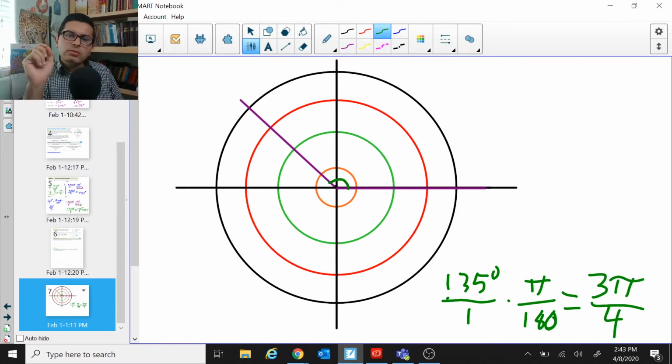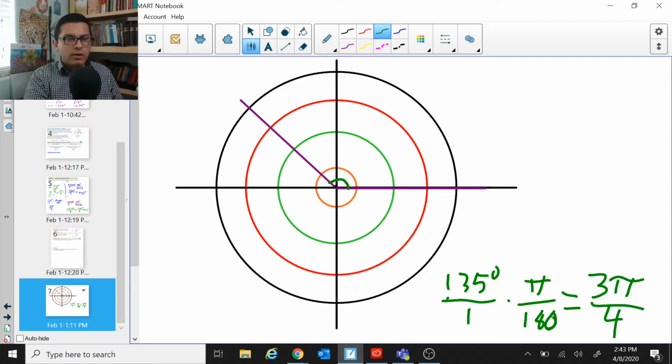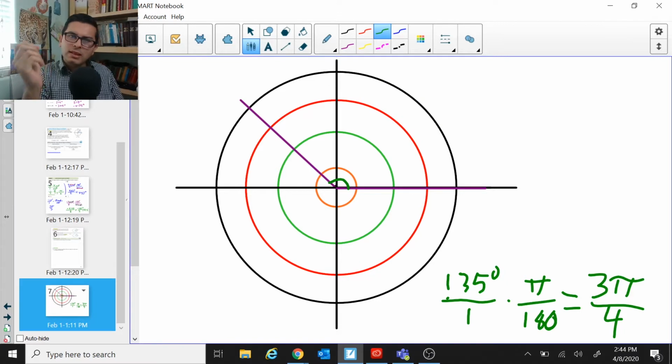Now I want you to think for a moment that on this little orange circle, if you were an ant and you had to walk all the way over here, you wouldn't have to walk that far. But if you're on this green circle and you had to walk, you would be walking a lot farther. Does that make sense? It's the exact same angle.